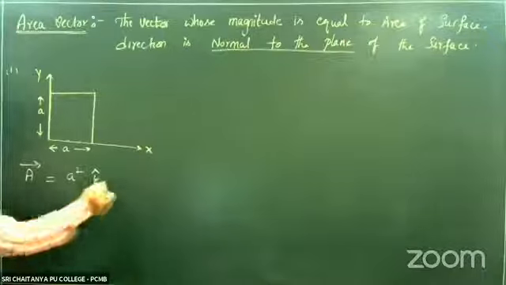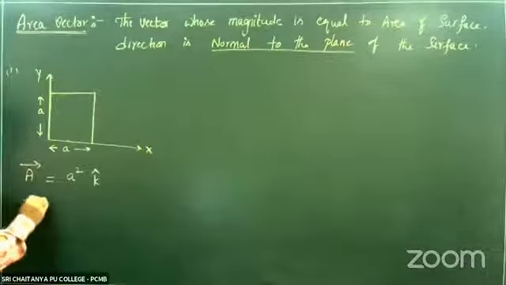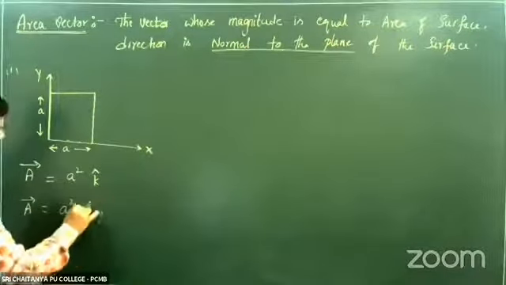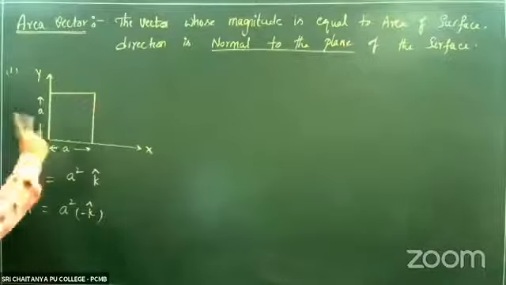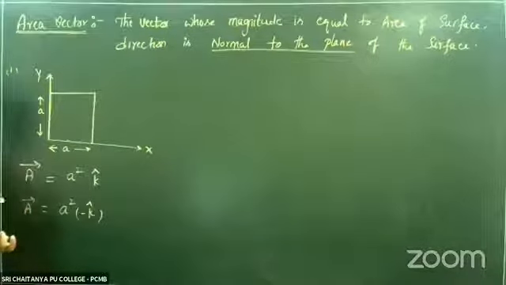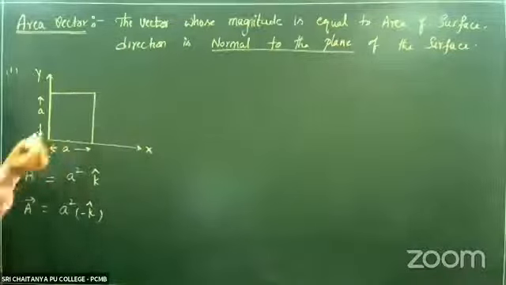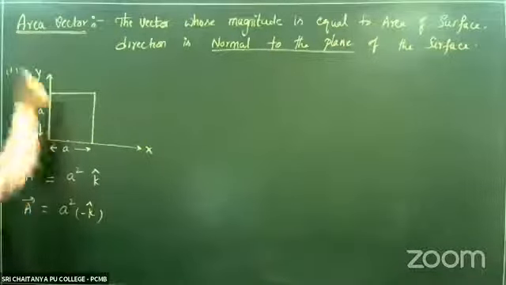Okay. Or you may get the doubt: why can't I write A squared minus K cap, sir? You can. It may be outward normal or inward normal. This direction may be along outward normal or inward normal. Here I am talking about planes.